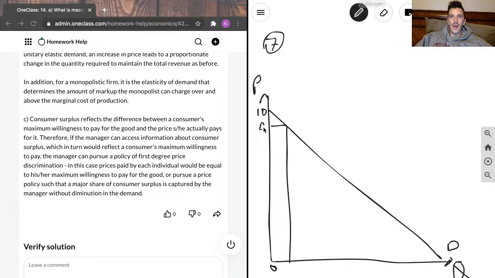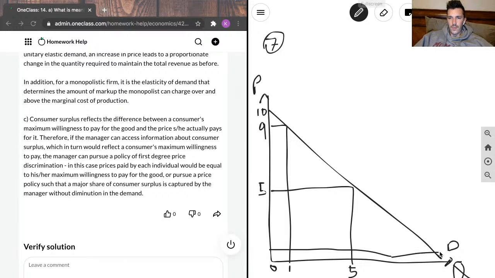But when the price is 9, we've got one person demanding it. When the price is 5, we've got 5 people demanding it. And when the price is 1, we've got 9 people demanding it.